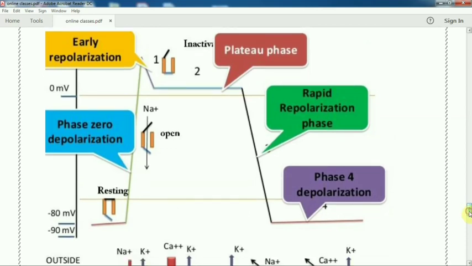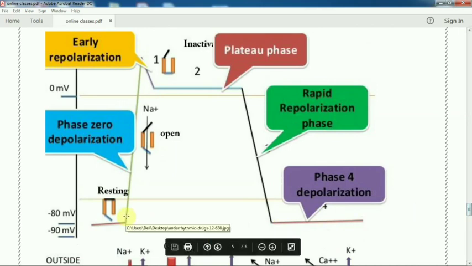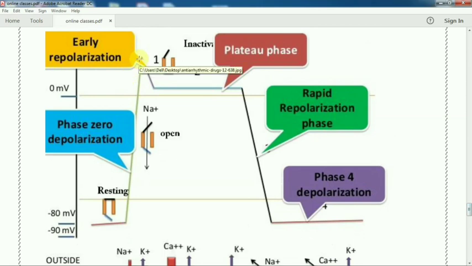Five phases. The first is from resting, minus 90 millivolts, to 30 millivolts. What happens? The sodium channel opens and sodium enters from outside to inside. So this is the depolarization stage. Now early repolarization: the potential goes from 30 millivolts to 0, and the potassium channel opens, with potassium moving from inside to outside.